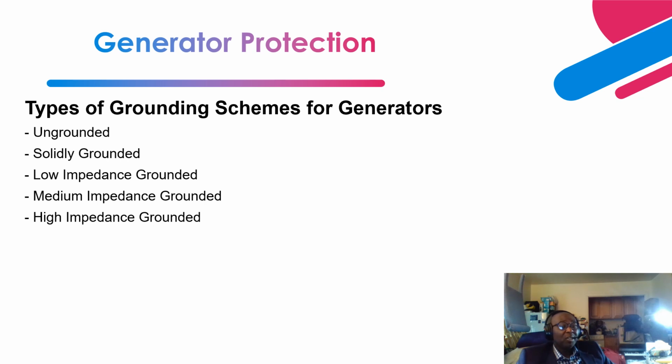You can have a solidly grounded system, a low impedance grounded scheme, a medium impedance grounding scheme, and a high impedance grounding scheme. But most often than not, we have the ungrounded, solidly grounded, low impedance, and high impedance schemes. Medium impedance is basically not popular in the US. It's mostly popular in Europe and the Asia region.